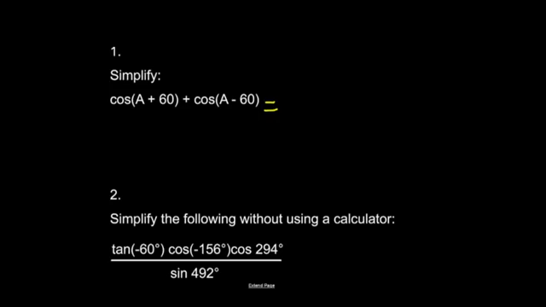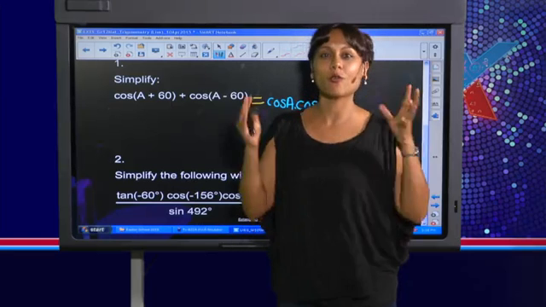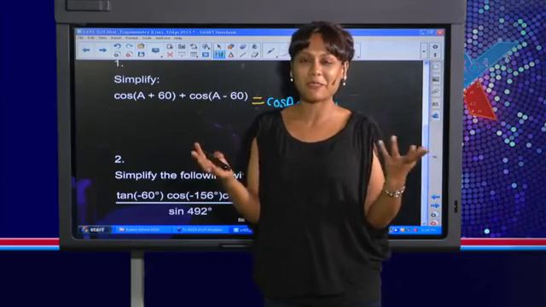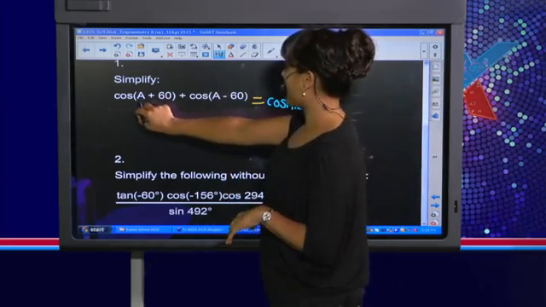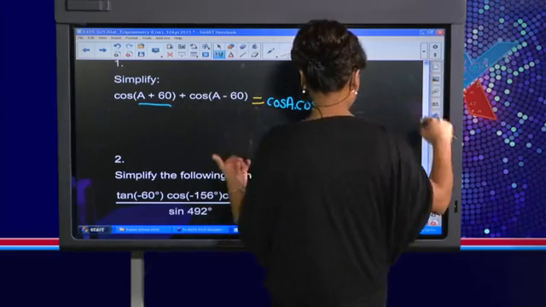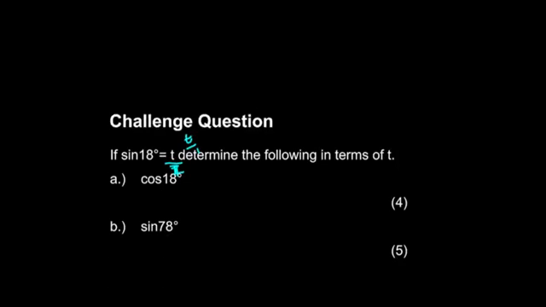So cos A plus 60, I can rewrite it as cos A times cos 60. All right. Plus, okay, and I was about to make a mistake there, and hopefully you all are awake, and that's what I'm hoping because it is 3 o'clock on a Friday. But if we're going to have an expansion of cos A plus B, remember, go back to your expansions.